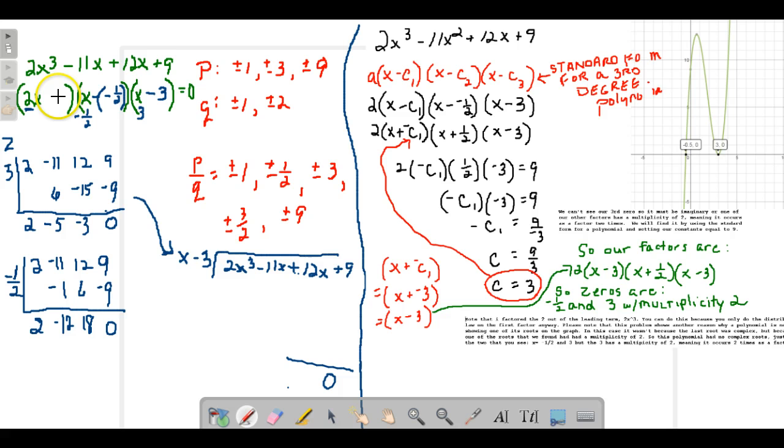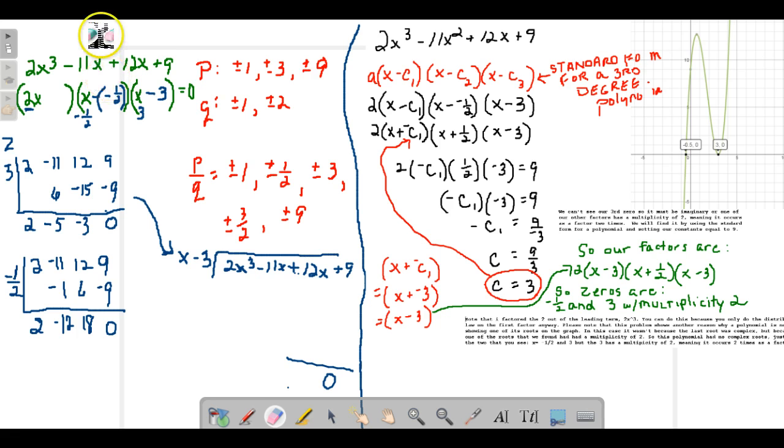For this constant here, this c value, it's kind of c1, the way that I got it was, since we know that the negative 3 times, and let's just make this positive 1/2 now because we're going to get confused.